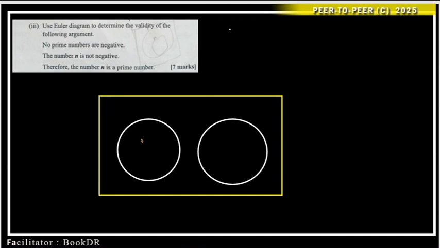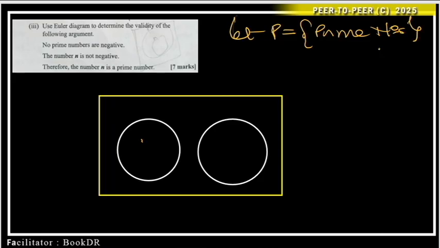We will let the letter P represent prime numbers, and the letter N represent negative numbers.